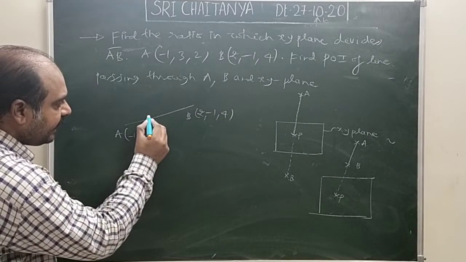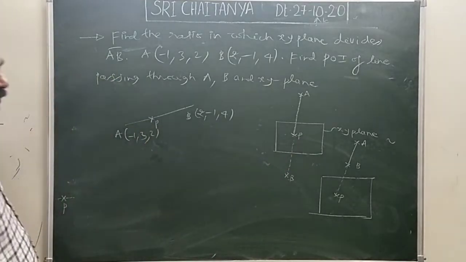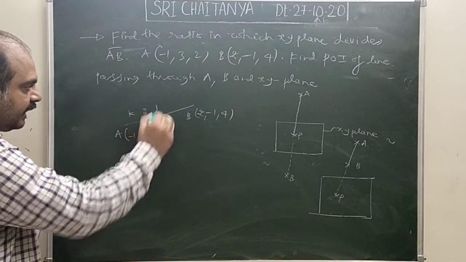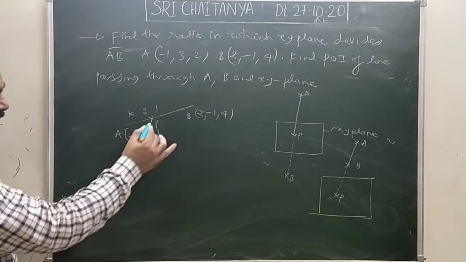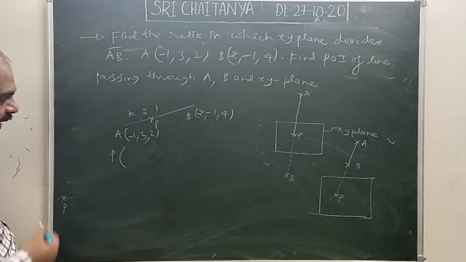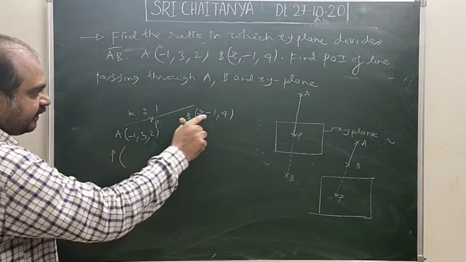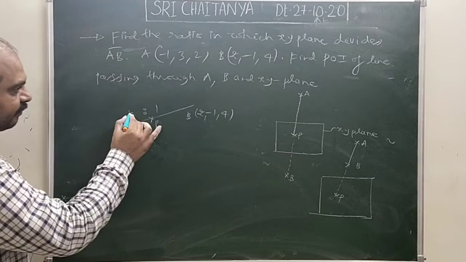Now take a point P on the XY plane. Let us say P divides it in the ratio K is to 1, where K can be positive or negative. Write point P just like the internal division formula with M is to N, where A is (X1, Y1, Z1) and B is (X2, Y2, Z2). So what is the formula?